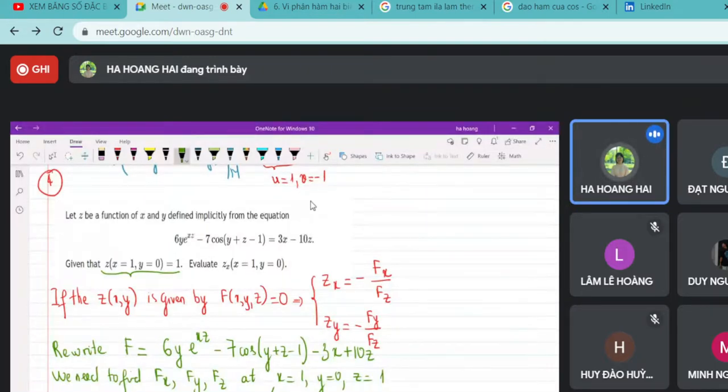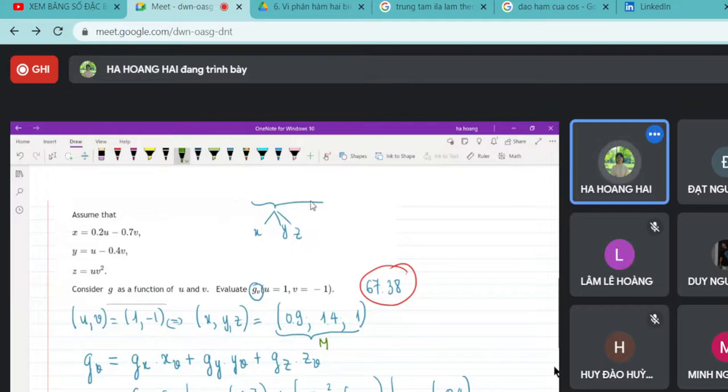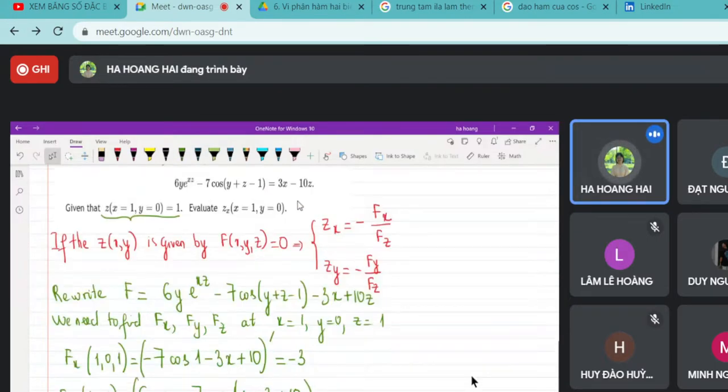We have minus 3 and plus 10, which becomes 7. We find the derivative of this function, which equals 6e plus 7 sine y. We replace y with 0 here and remain with 6e. At z, we find the derivative with respect to z.